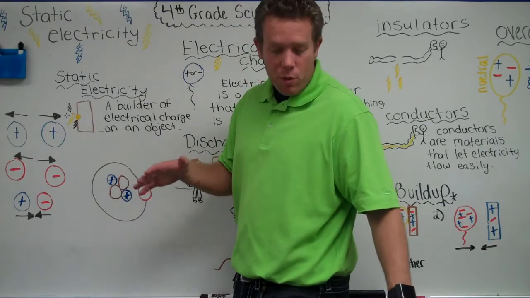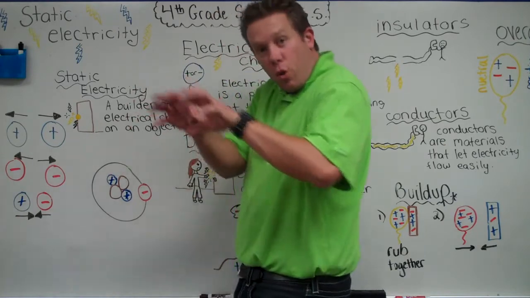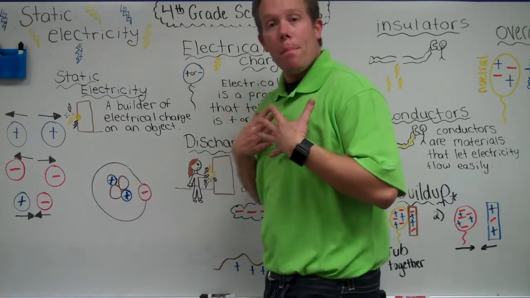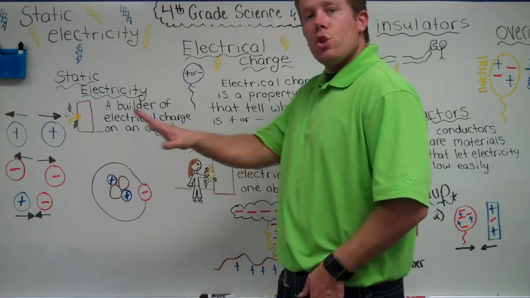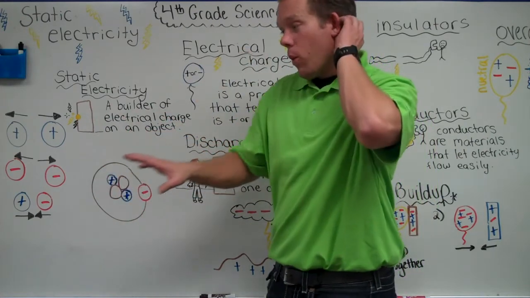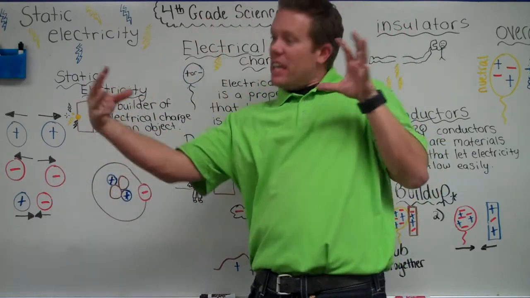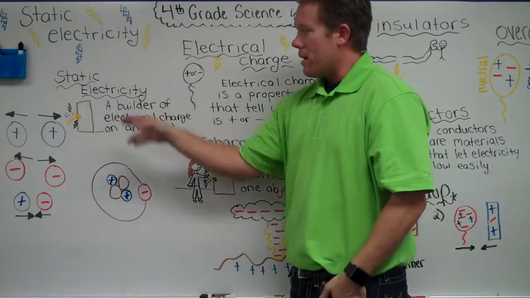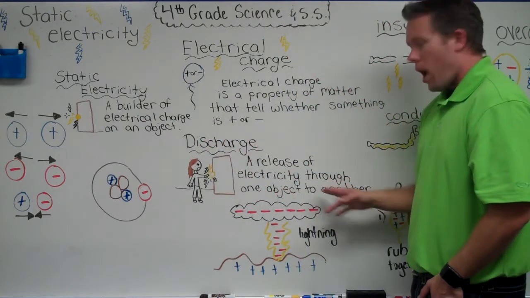So I lost a few negative charges to the carpet as I'm walking. The carpet grabbed a couple negative charges off of me. So now I'm positively charged because I lost a couple negative ones. I walk up to a door handle that is negatively charged. When I go and touch it, because they're attracted to one another, electricity is going to flow between them. All right? And that is the discharge, a release of electricity through one object to another.